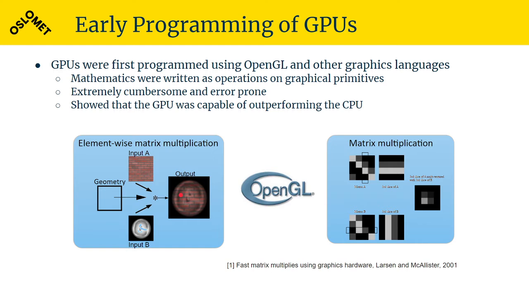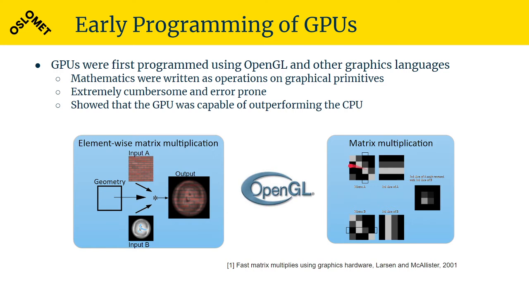Then some clever researchers figured out that you could rephrase things like matrix multiplication to look like these kinds of algorithms. So they were using this kind of algorithm to solve matrix multiplication. This was back in 2001, Larsen and McAllister, who had this very early paper on matrix multiplication on graphics hardware, which was really cool to see.